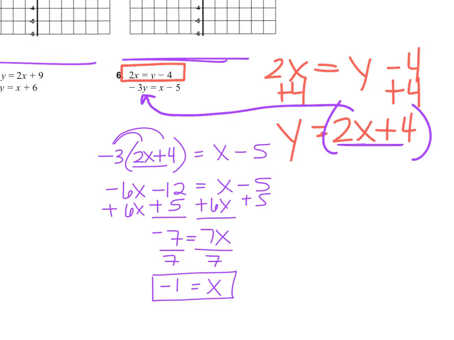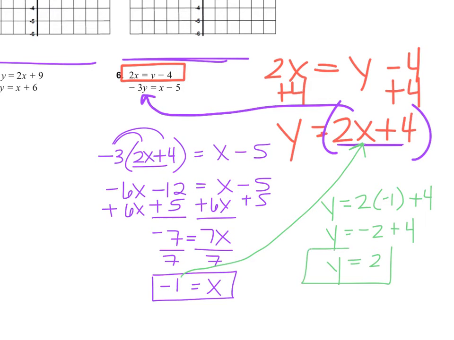We need to know what y is, and if I were you, I would take that -1 and I would plug it in right here. So y is equal to 2 times -1 plus 4. So y equals -2 plus 4, which means y is 2. So our answer then is the point -1, 2.